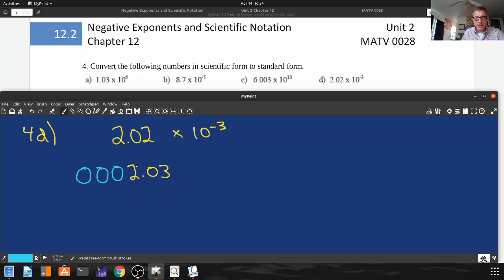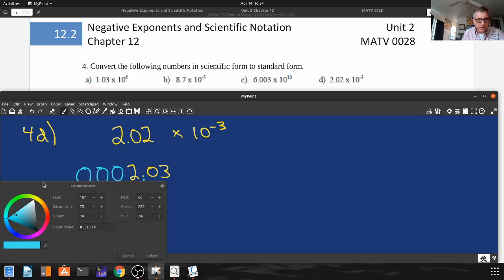So that's going to be enough or more than enough. So I take my decimal and I move it 3 places. Not minus 3, just 3. Always just take the absolute value. But I'm moving it in the same direction that I added my zeros. So that's 1 space, 2 spaces, 3 spaces.